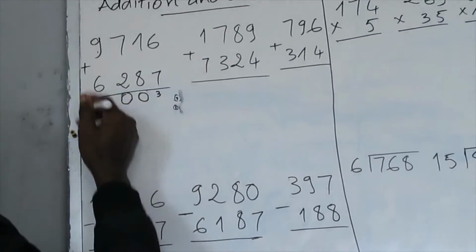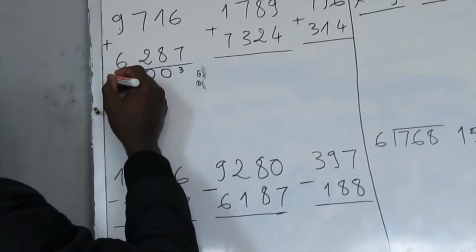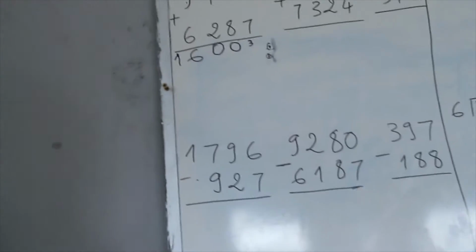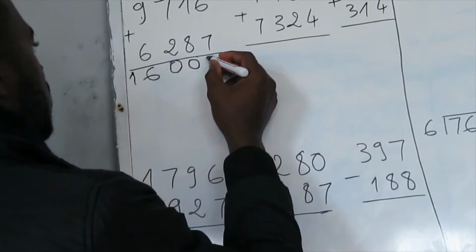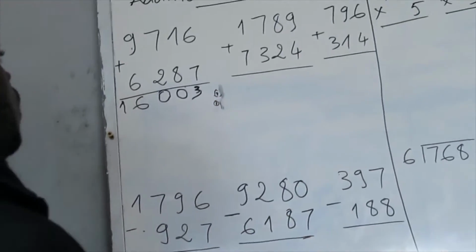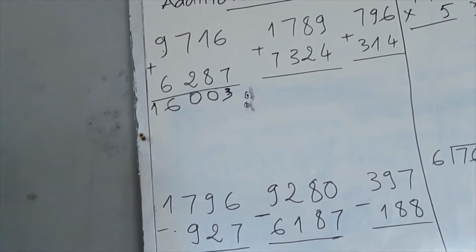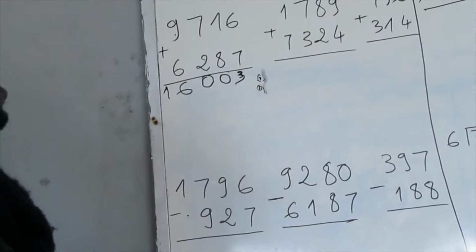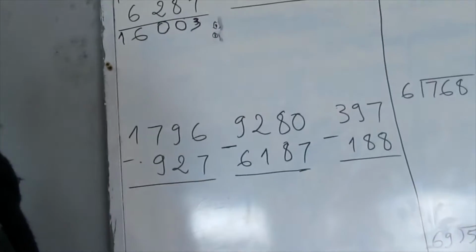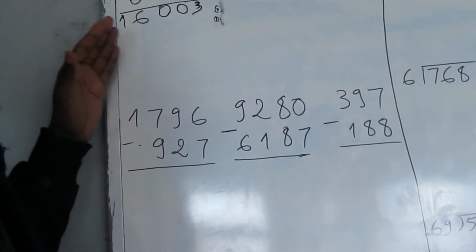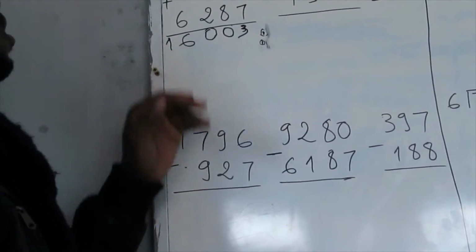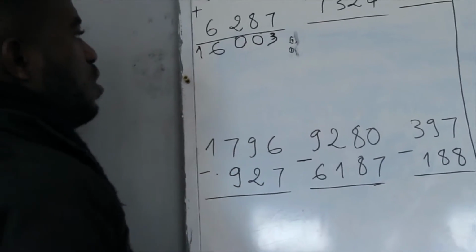As we have nothing here, you put your 1 here. So this is the answer: 9,716 plus 6,287 equals 16,003.